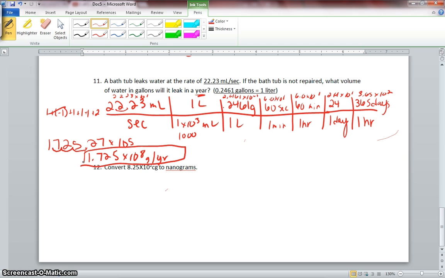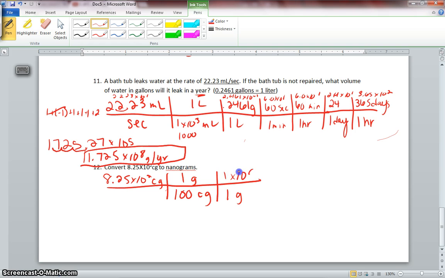Next one, we have convert 8.25 times 10 to the second centigrams to nanograms. So I know that there's 100 centigrams in 1 gram. And then I know that for nano, 1 gram is equal to 1 times 10 to the 9th nanograms.